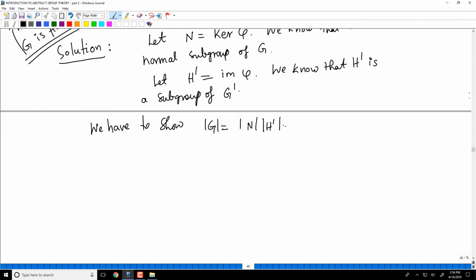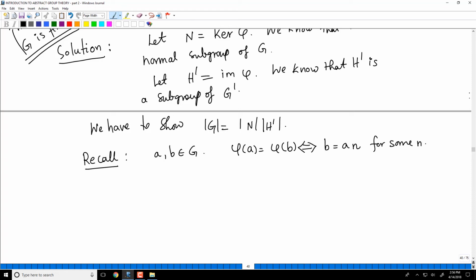Before that, I am going to recall for you: if A and B are in the group G, phi of A equals phi of B if and only if B is A n for some small n in N.